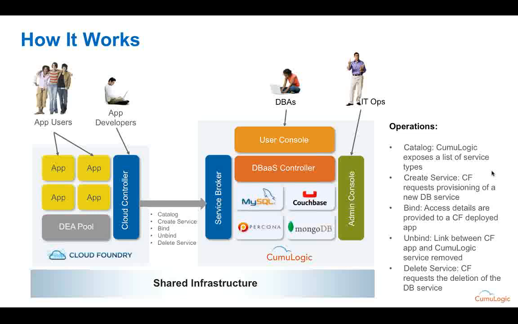And so the same DBAs can use the CumuLogic controller to help define things in those subscriptions, like what does it mean to be a read-optimized database environment? What does it mean to be a heavy write-optimized database environment? And they get to take those skills and really codify them into a self-service catalog that the app teams can take advantage of.